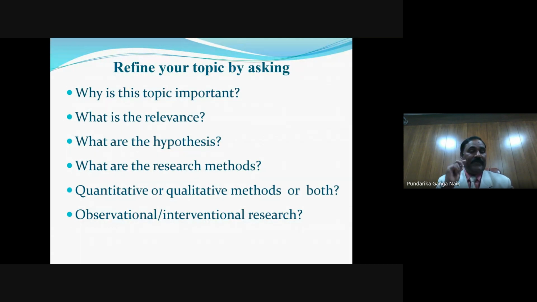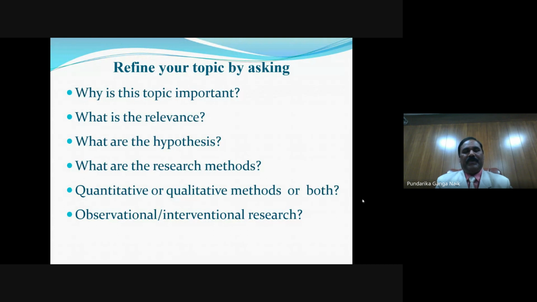And also its relevance. What sort of relevance is there, whether it is a regional relevance, a national relevance, or an international relevance? What is happening in the field chosen, and why it is so important and relevant in order to conduct the research, that also you need to present very well to the funding agency. And what are the hypotheses?